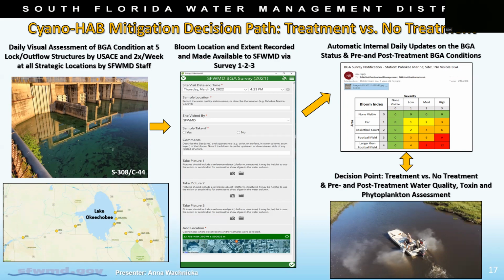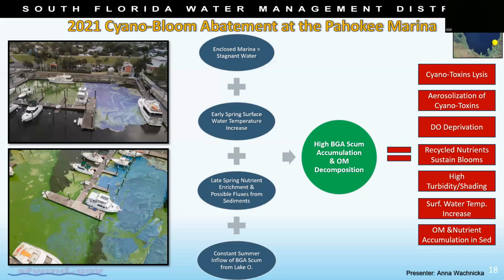When the blooms are severe, we send the crew, contractors that we hire, to apply hydrogen peroxide-based algaecide products. The product that we use right now is called Lake Oxy. It's a hydrogen peroxide-based product.